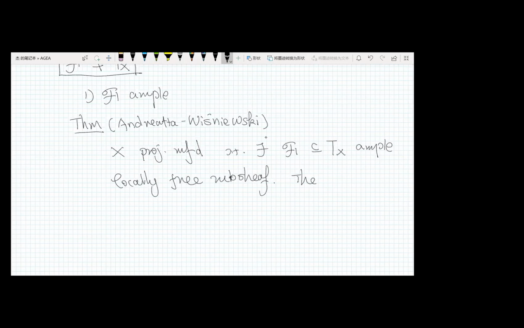Then they can prove that X is in fact isomorphic to a projective space, and we have two possibilities for the sheaf F. Either F is equal to the tangent bundle, or F is just a direct sum of O_P1.